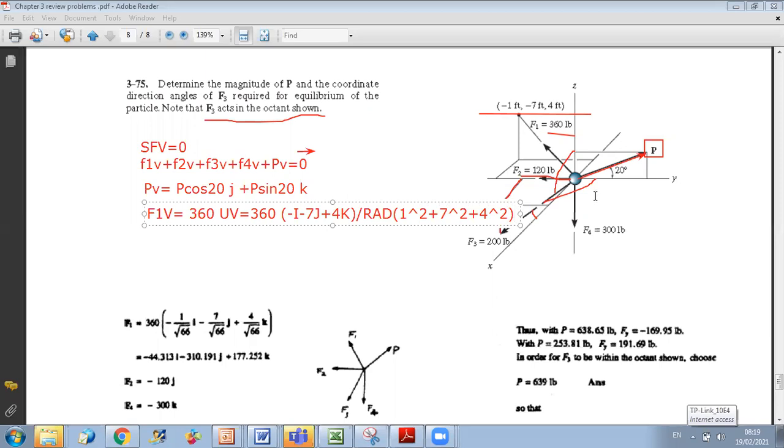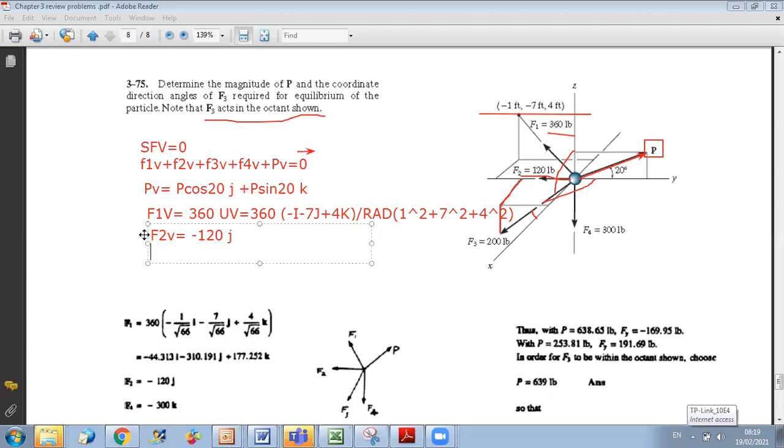Now, what about F2? If I look at my figure, F2 is the simplest force. It's along the y axis in the negative direction. So the F2 vector is equal to minus 120 j.